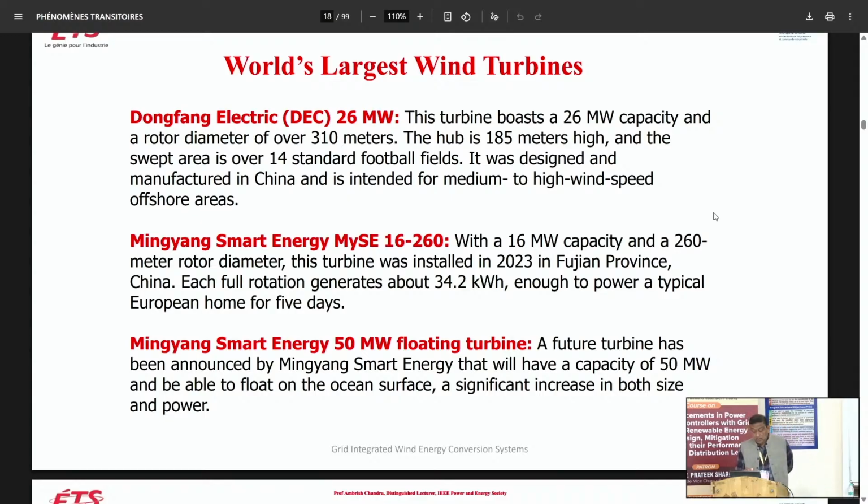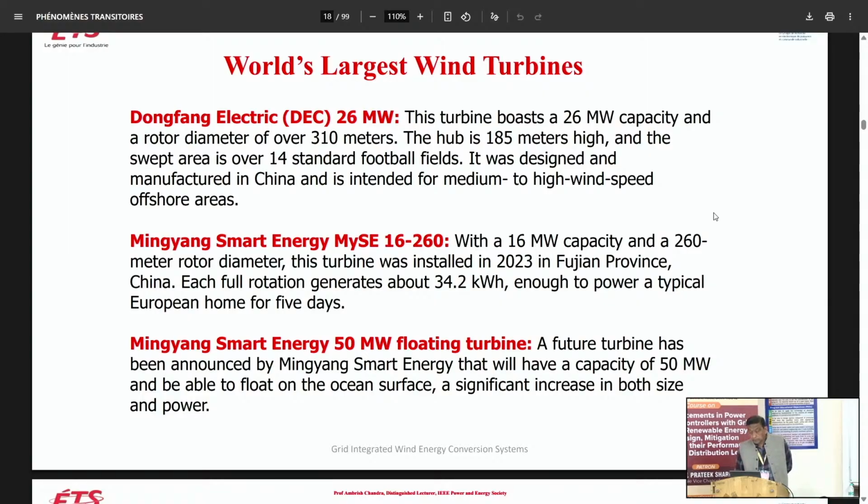Then Mianyang Smart Energy, 16 megawatt capacity, and another, I don't know what this is, 50 megawatt, but people want to get the publicity also.